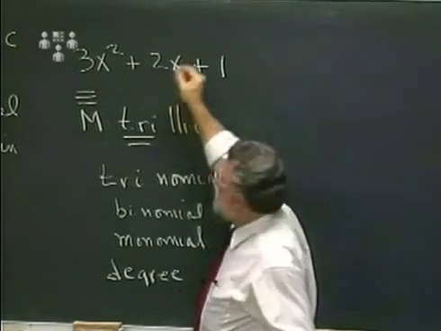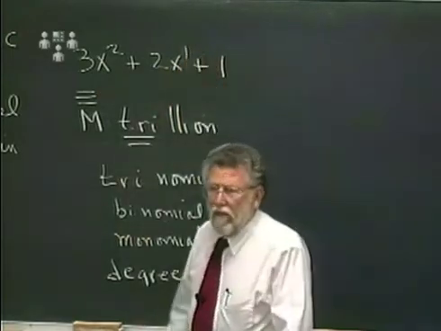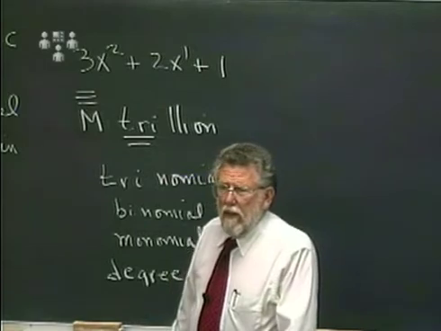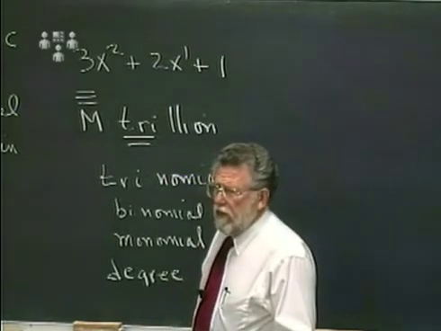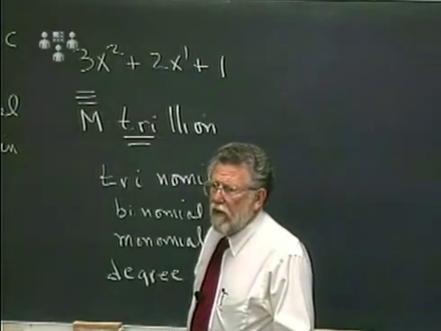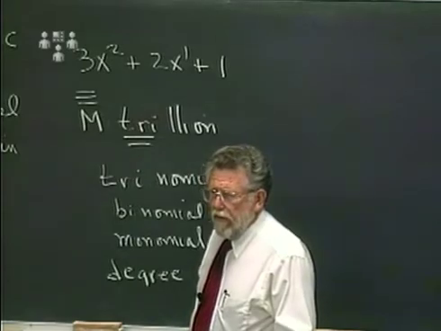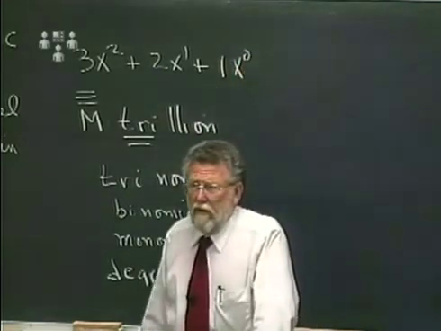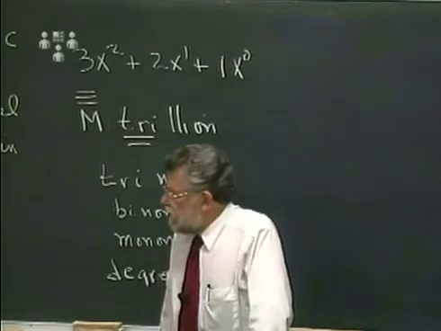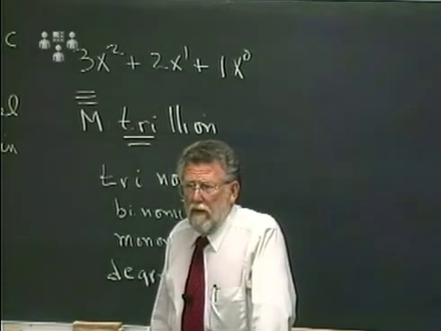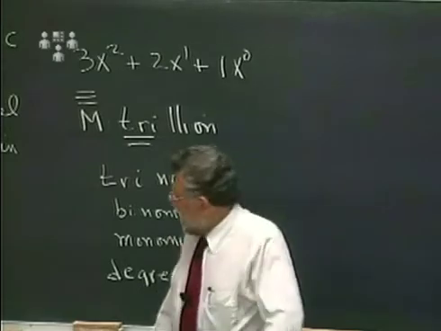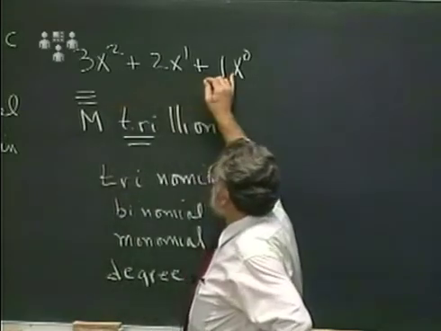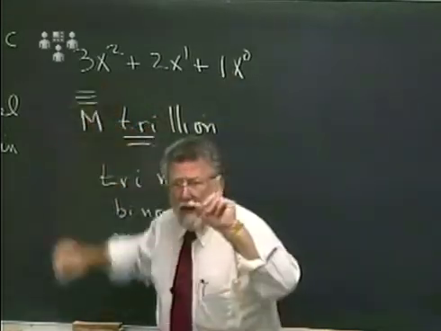Well, that's the unseen one that's there. That's a first degree term. The degree is the exponent on the variable. This technically is x to the 0. Hence, degree is 0.